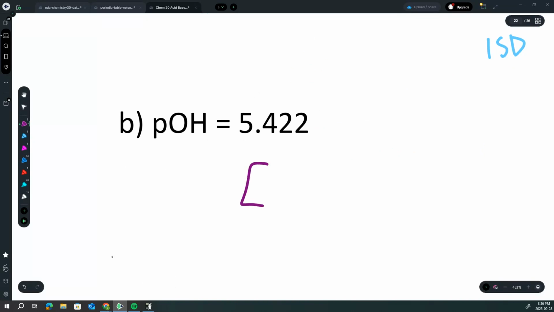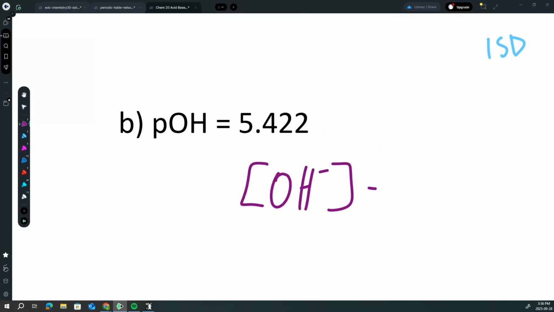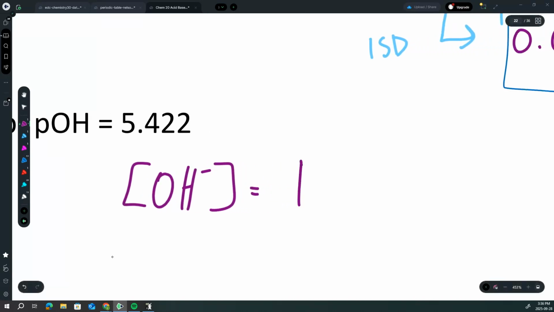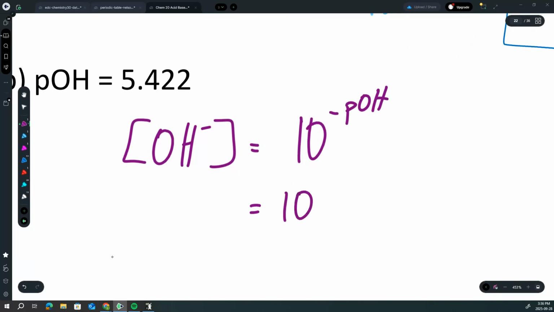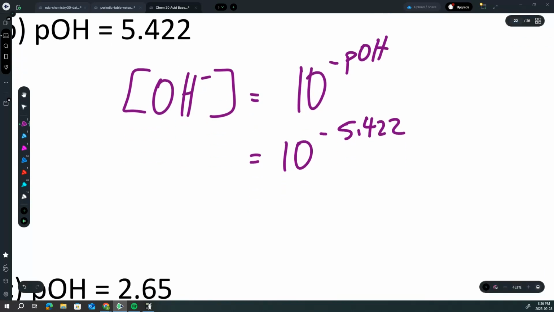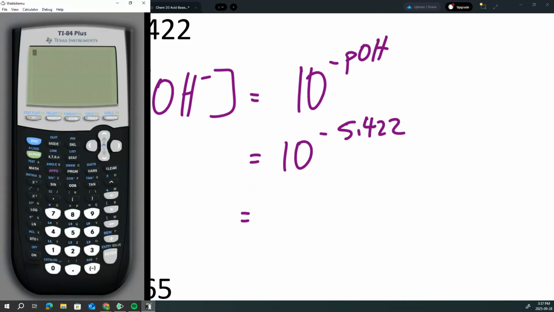Alright, so write out our formula first. Plug in our numbers. And then we're going to calculate it out. So second function log negative 5.422, enter.